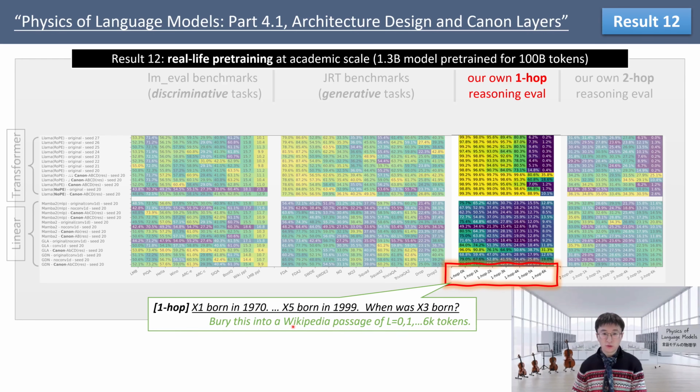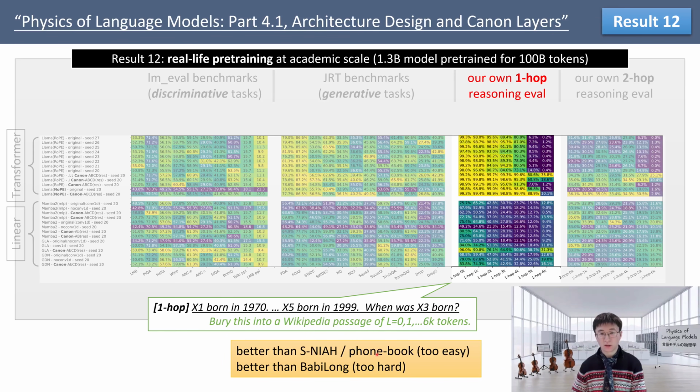We used this task as our reference for what I call one-hop reasoning, or you can call it one-hop information retrieval. Some other people use maybe the needle search or the phone book. I personally don't like them because they're too easy. You're giving the model, for instance, a randomly generated phone number, or a special number in the needle search.